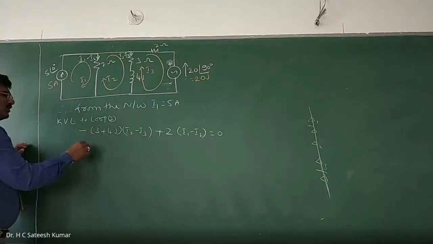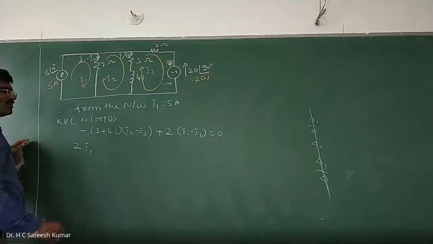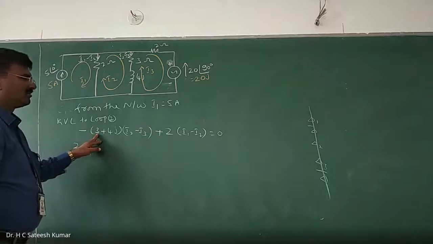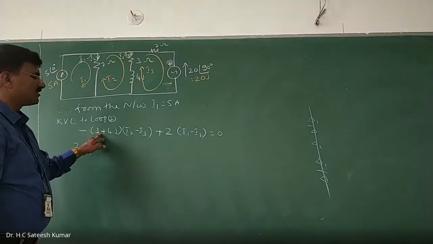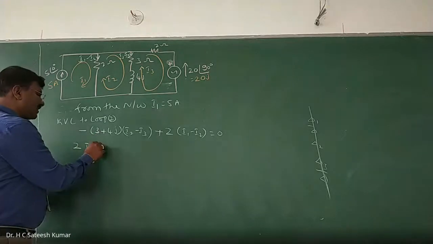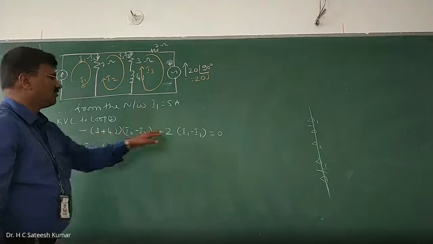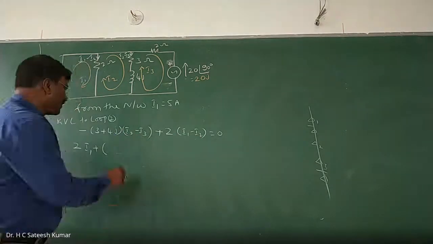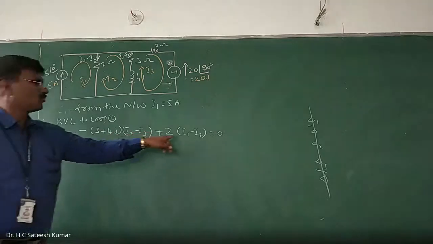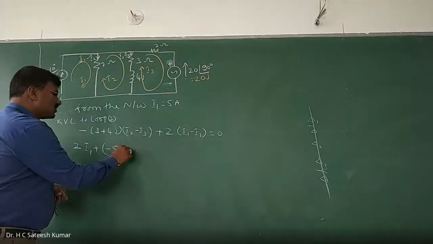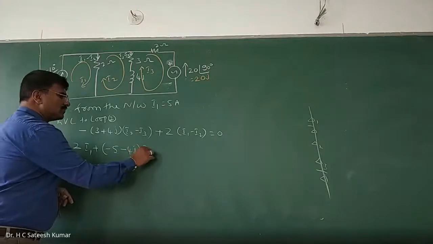What will you get? 2 into I1 coefficient, 2 into I1. I2 coefficients are what? Minus 3, minus 2, so minus 5, minus 4j. Carefully you should do it: minus real part and imaginary part. Put a bracket: minus 5 minus 4j into I2.